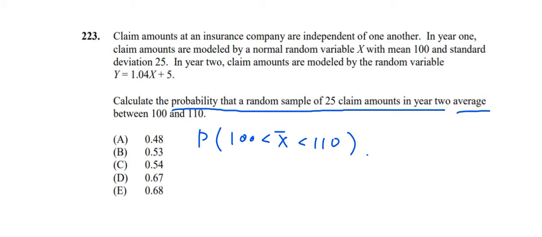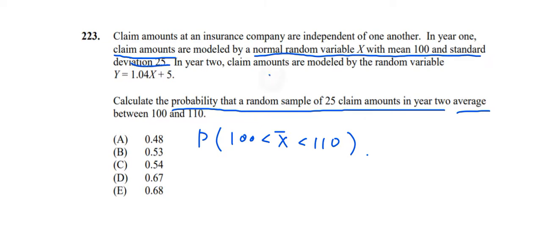Oh, I'm sorry, here we also have x. So let's check this. The claim amount x has a mean and standard deviation, so it is a normal distribution.